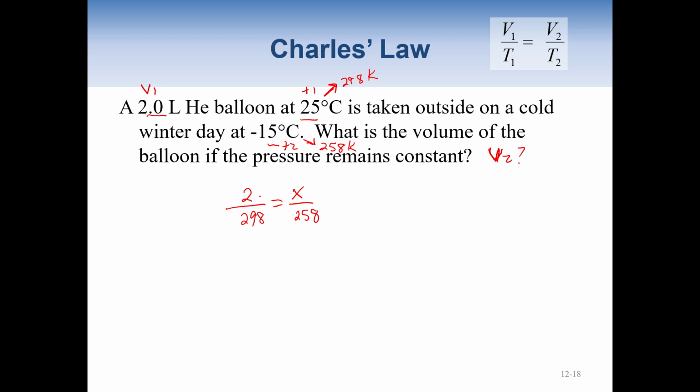Now for this one, we can cross multiply. So we can do 2 times 258 is equal to 298x. And now we can solve for x, and we get 1.73 liters.